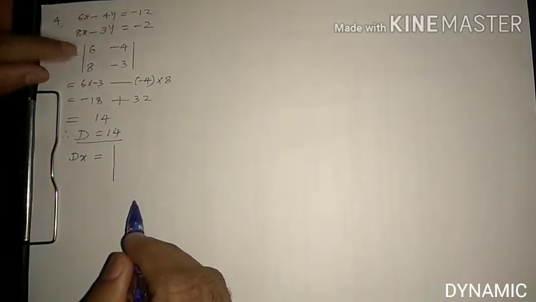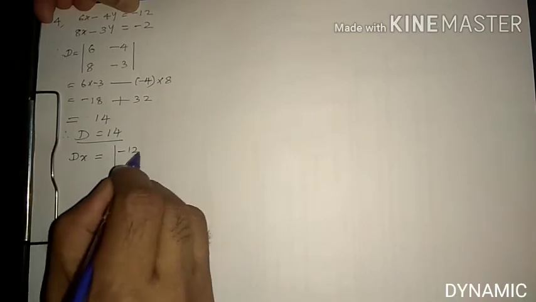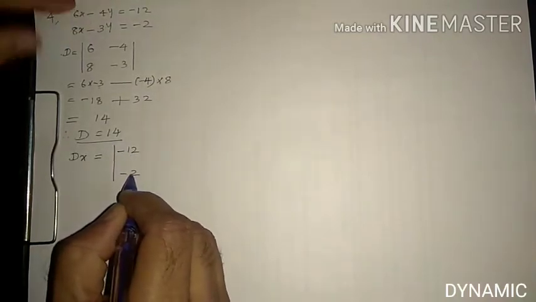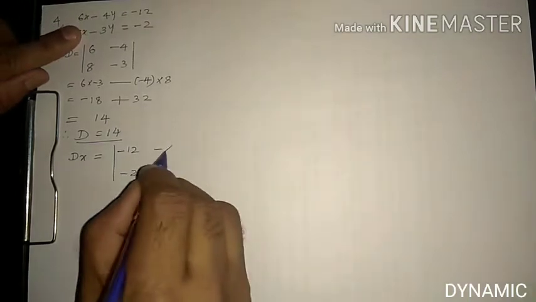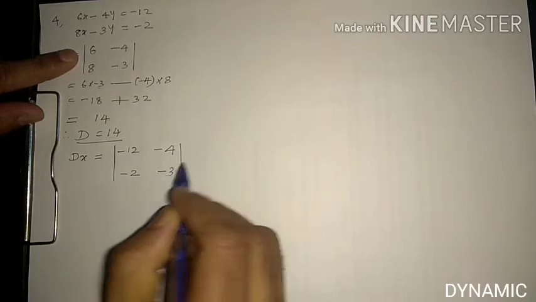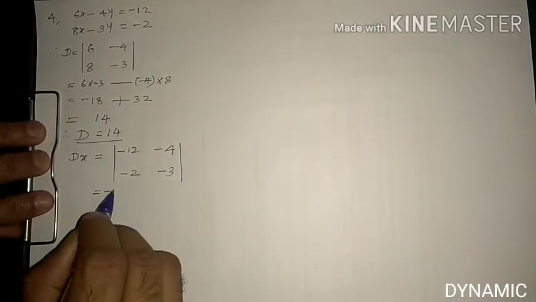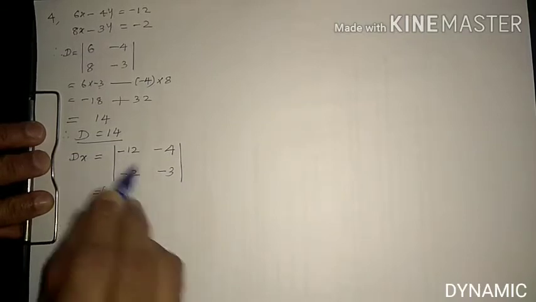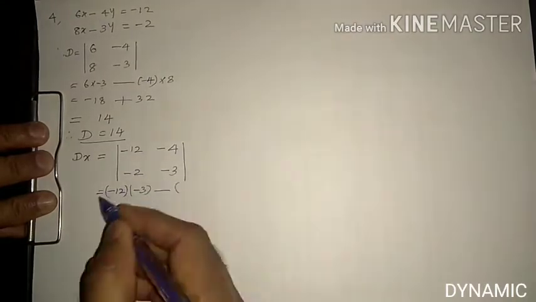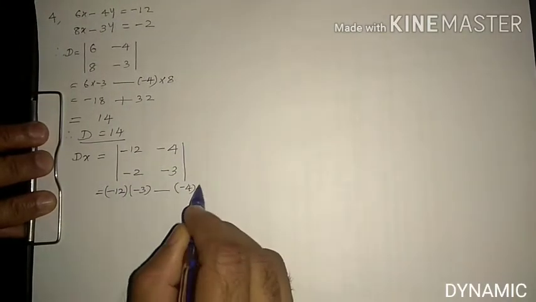Now we go for Dx. In the place of x coefficients, we replace with the right hand side constants: minus 12, second row, minus 2. Y coefficients are minus 4 and minus 3. We expand this. Minus 12 into minus 3, minus the other diagonal elements, minus 4 into minus 2.